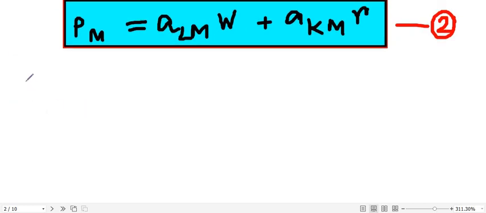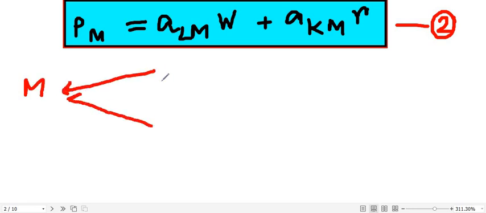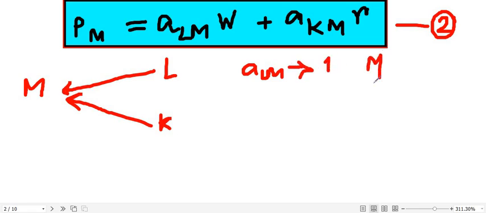Essentially, when I consider the manufacturing sector, there are two inputs that go into it. One is the labor input and the other is the capital input. We define that ALM is the amount of labor used to produce 1 unit of output of the manufacturing sector.